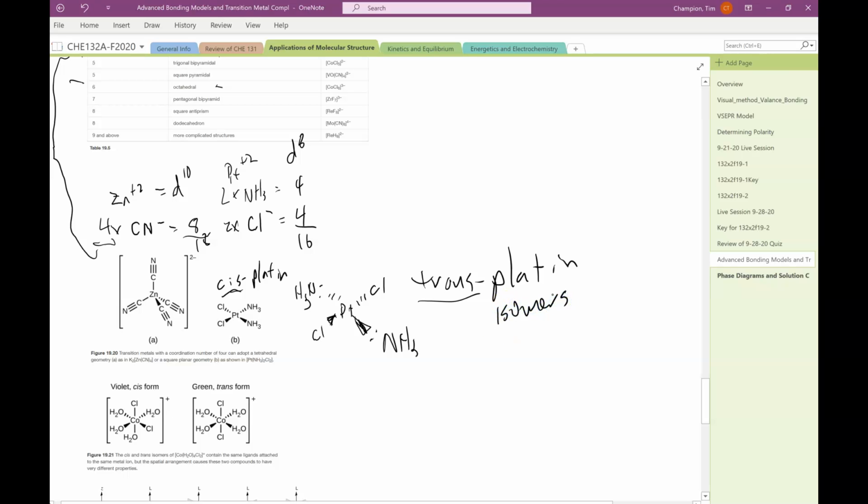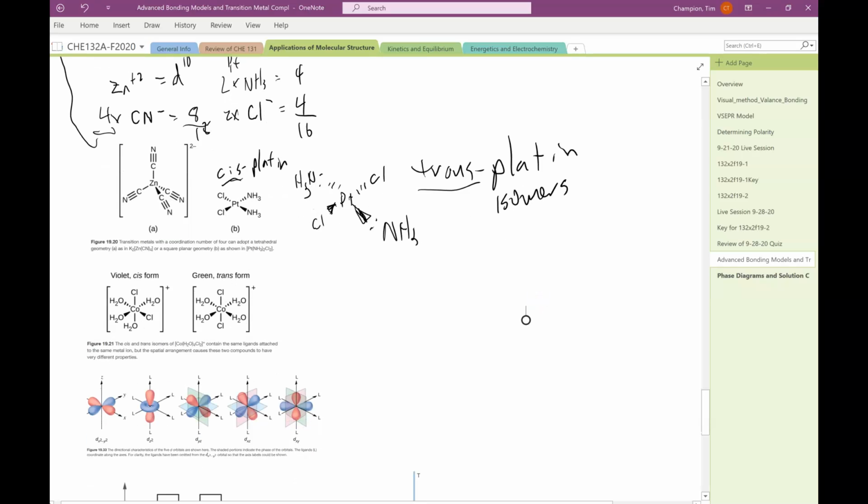Okay. We have some more isomers here in figure 19.1. If you have cobalt with 4 waters and 2 chlorines, if the chlorines are next to each other, that's the cis form, that compound gives you a violet color, a purplish color.